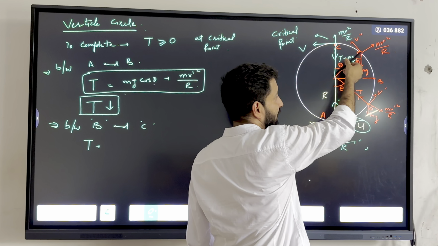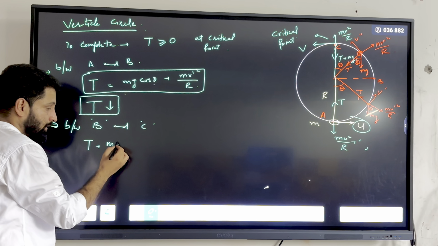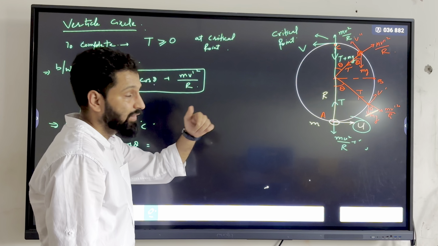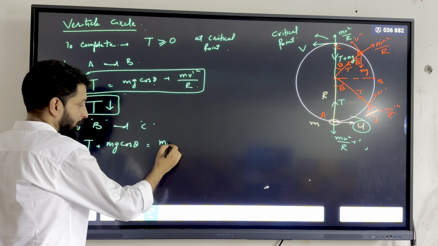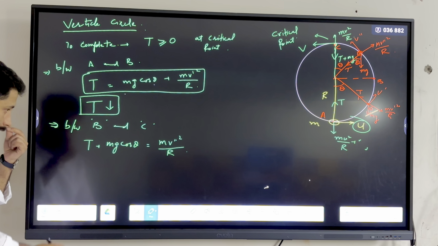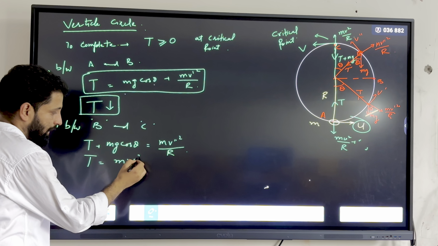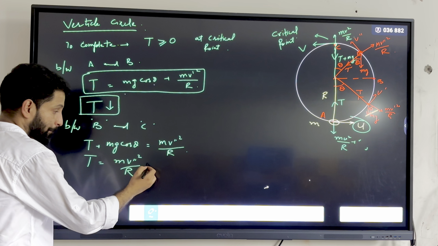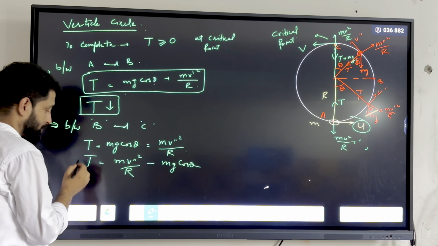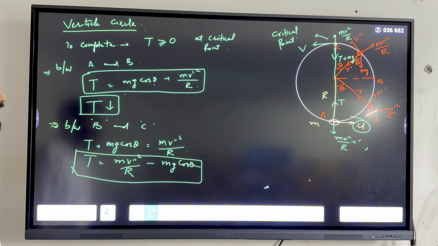This is mg and this is the angle theta, so its component will be T plus mg cos theta, equal to mv''^2 by r. So tension here will be equal to mv''^2 by r minus mg cos theta. This is the tension between B and C.